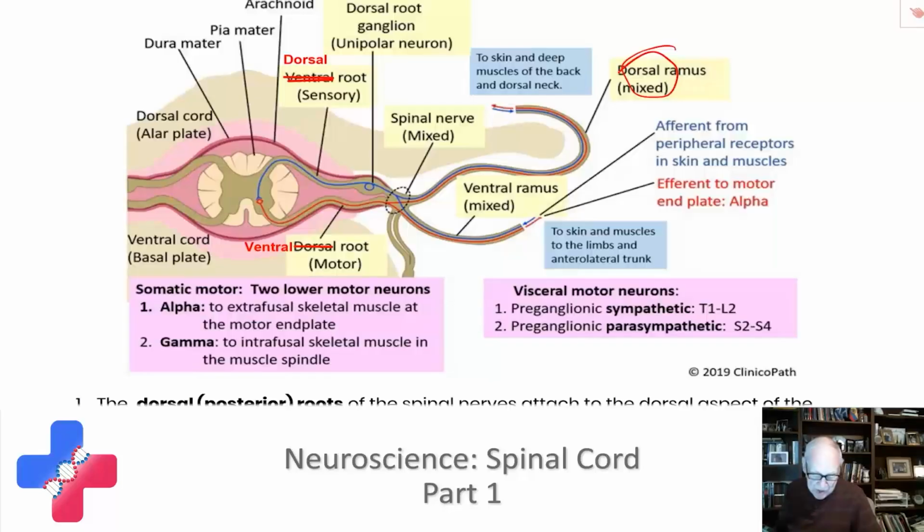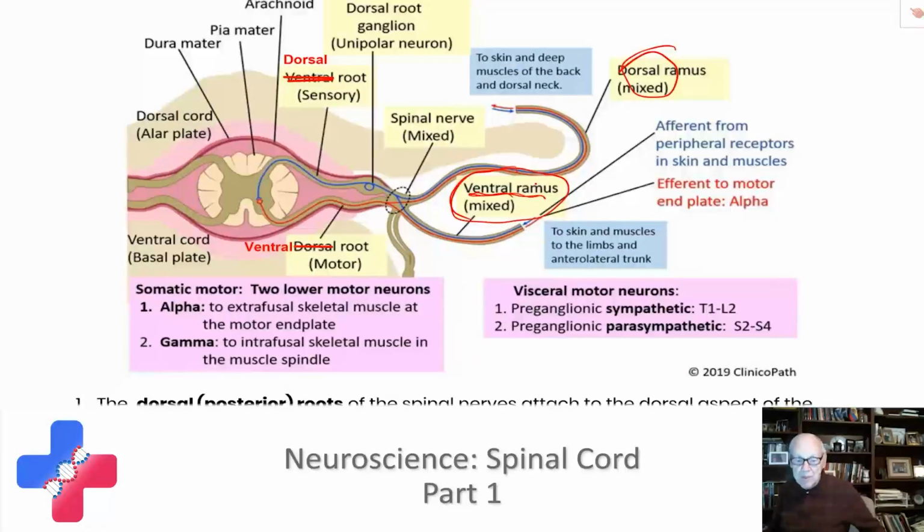And again, notice then the ventral rami, which are the big ones. These are the ones you will put a little more attention to. The ventral ramus is the main workhorse of the spinal nerve, simply because the ventral ramus is going to supply the body wall anterior and lateral.